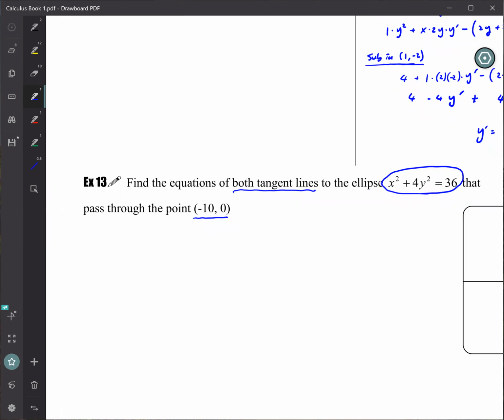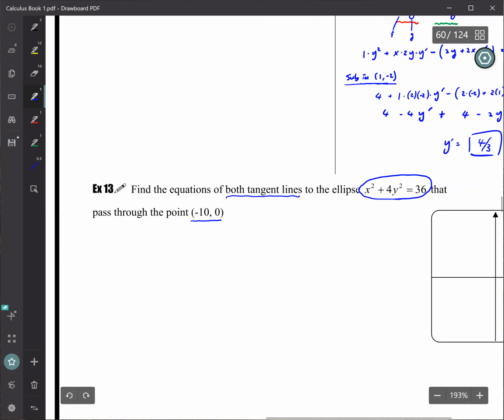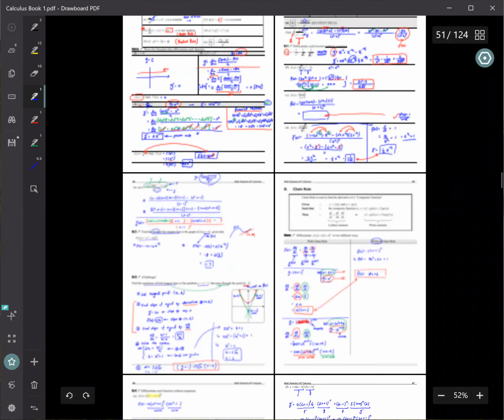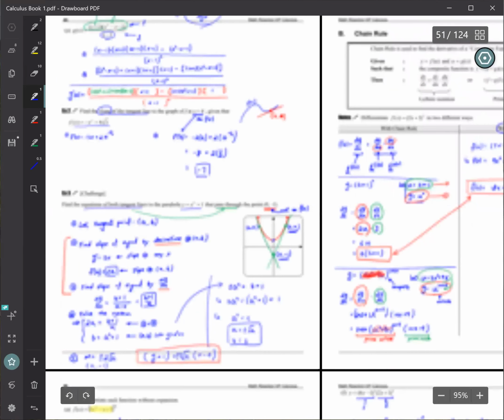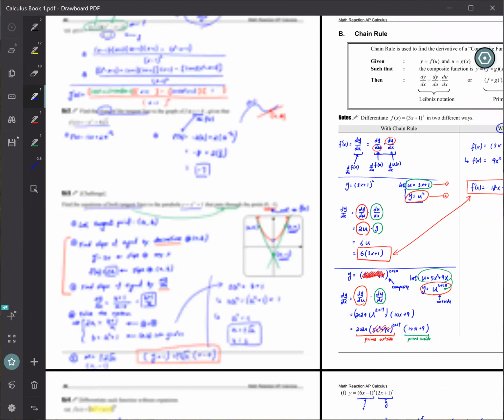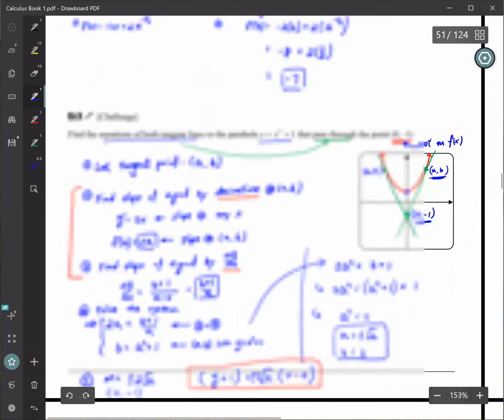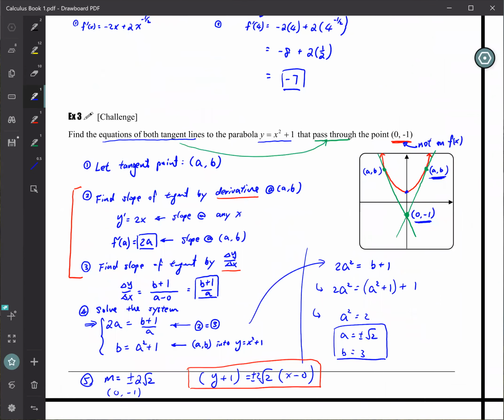Oh, is it the one with the square root? Which page is that? Page 44. The one with the challenge. So the point that they give you is not the point on the ellipse.